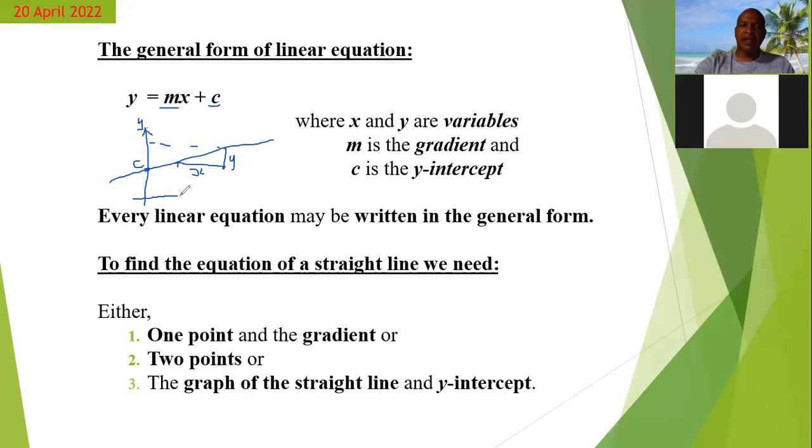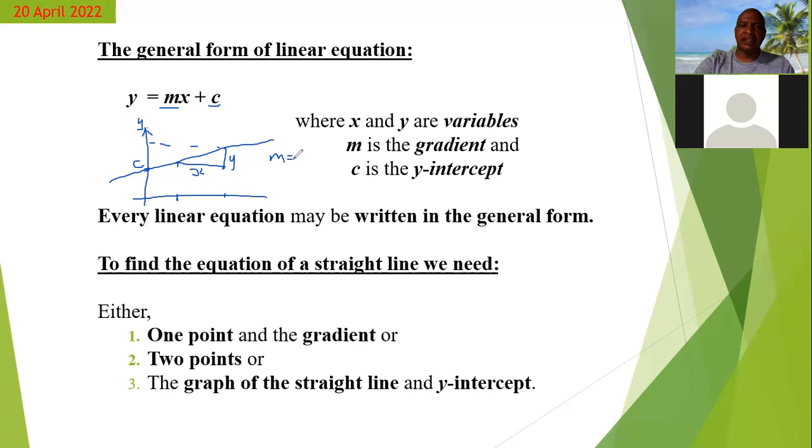Same thing on the X-axis. If you have an X value here and another X value here, you subtract this X value from this one to get this length. Once you know what this X value is and what this Y value is, you can use this equation to work out the gradient.